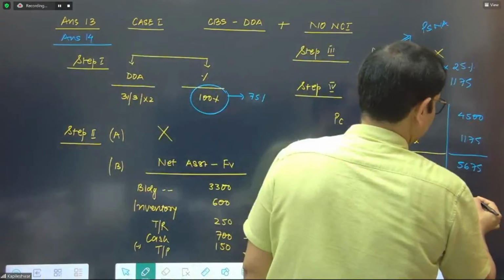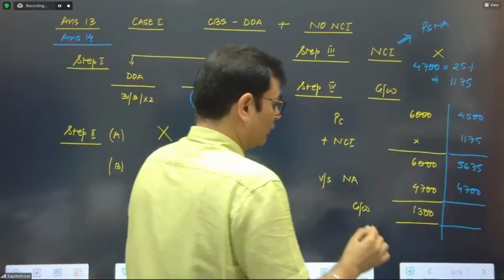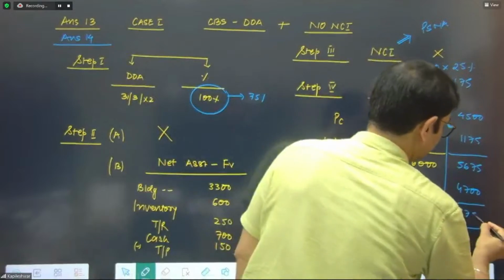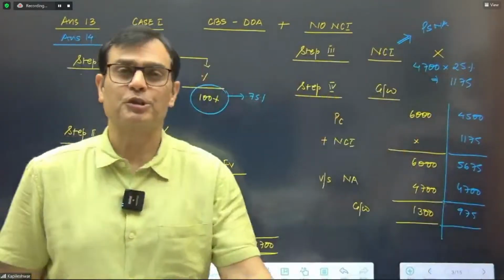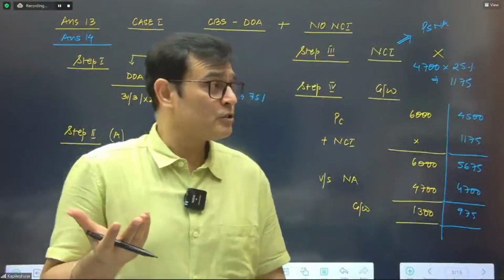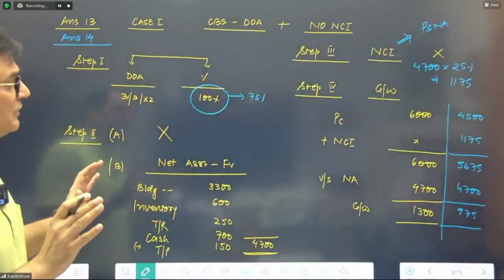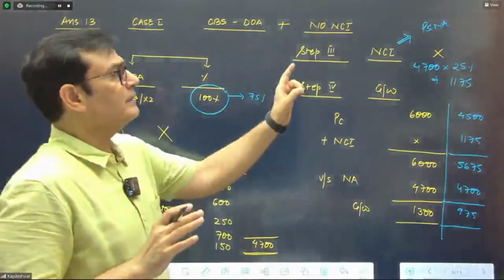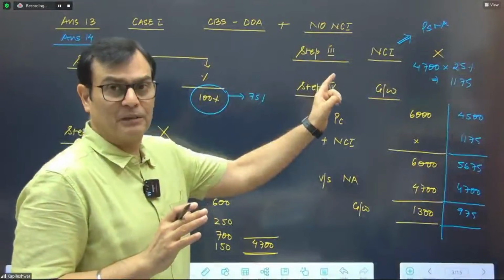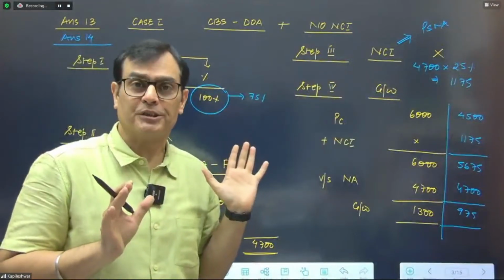The net assets remain at 4,700. So we get the goodwill of 975. I'm just making the changes in the solution because the figures are almost the same. So with the presence of the NCI, the only thing which has undergone a change so far is that you made the calculation of NCI at PASNA, and accordingly the goodwill calculation has changed.